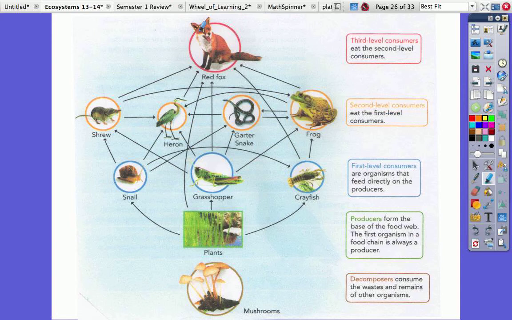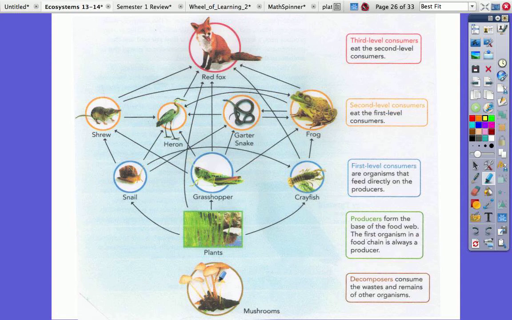Whenever we go through this, your first question is, what are the decomposers that they are showing here? The decomposer is the mushroom. And then you have a question about why is it not connected to any other organism by an arrow? The reason decomposers are not connected to other organisms through arrows is because they do not actually take the energy or give energy.